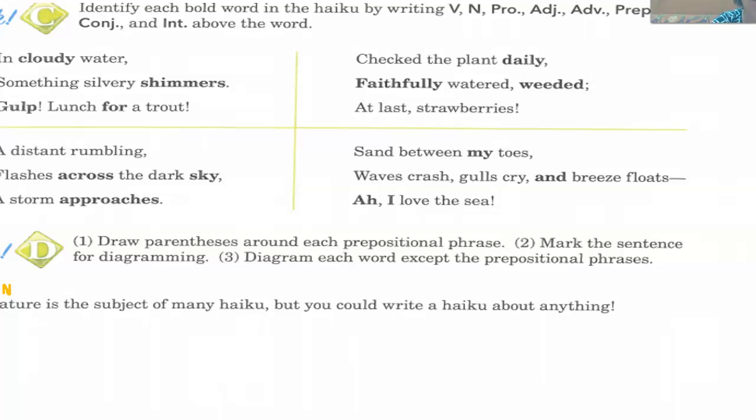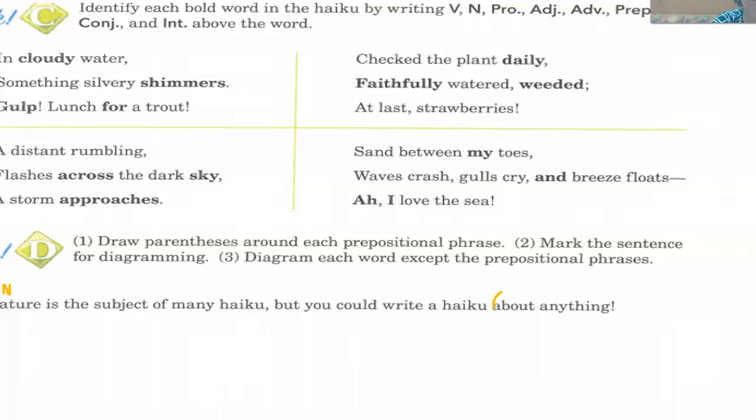Nature is the subject of many Haiku, but you could write a Haiku about anything. So the first thing we need to do is to draw parentheses around prepositional phrases. So go ahead and identify your prepositional phrase by putting parentheses around it.